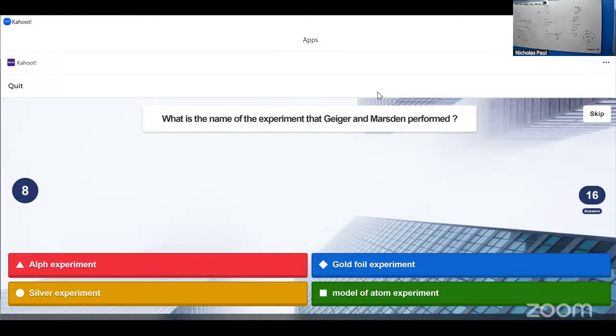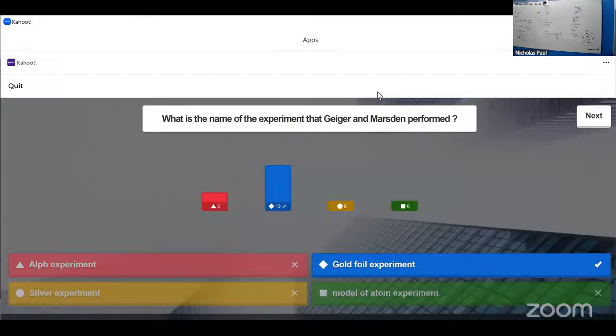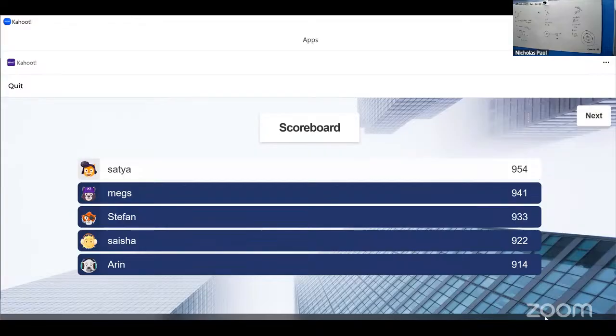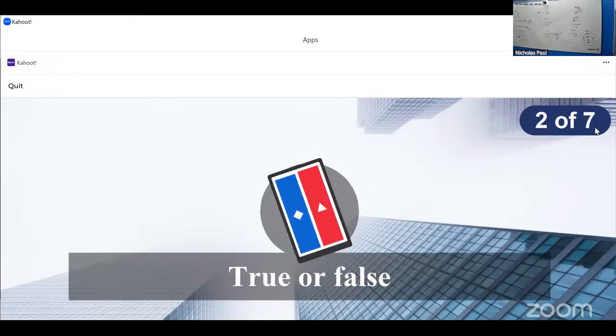Just do it. Let's go. Let's see. Next one.